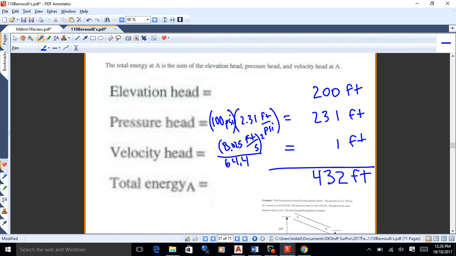Everybody getting to 432 for the total energy?